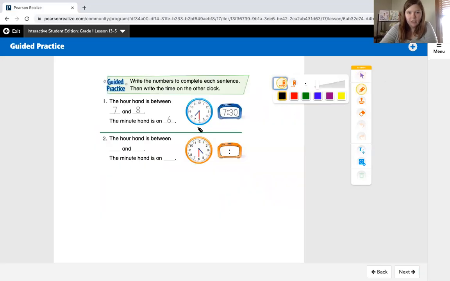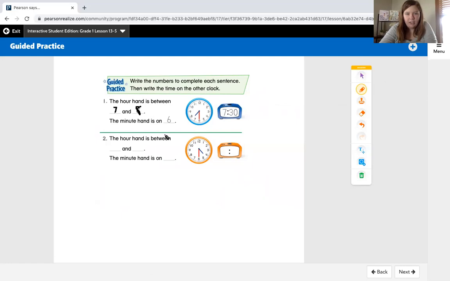All right, we're going to look at our clock, write the numbers to complete each sentence, then write the time on the other clock. So I'm going to look at my short hour hand, and I see it's past the 7, but before the 8. So the hour hand is in between 7 and 8.